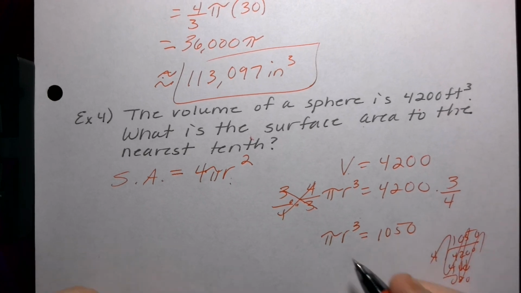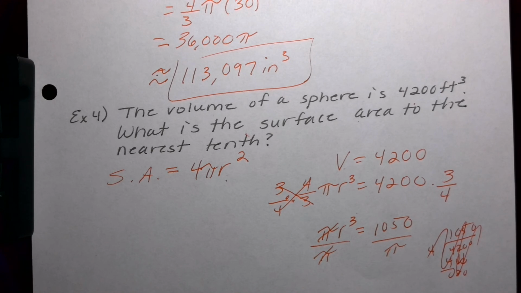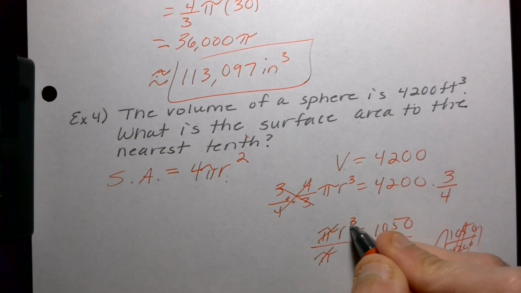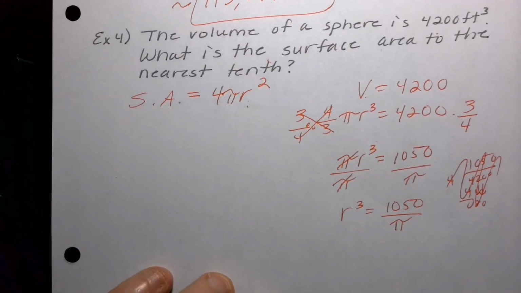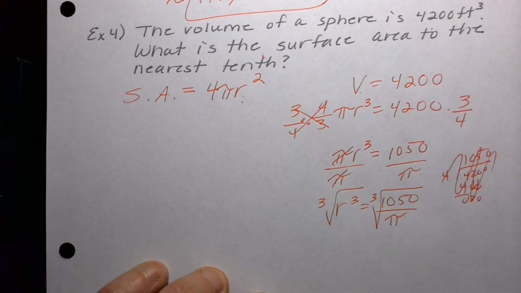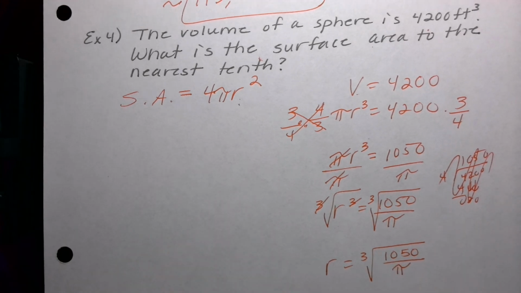All right, divide by pi. That's gone. And the last thing we have is that cube. So you do the opposite of cubing. So I'm going to rewrite this just so you can see it. Cube root, the whole thing. So the cube roots cancel and you're left with r equal to the cube root of 1,050 over pi.